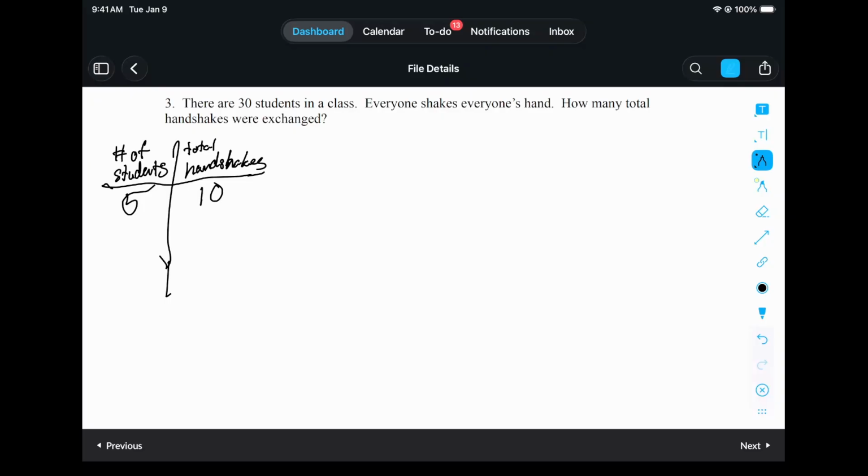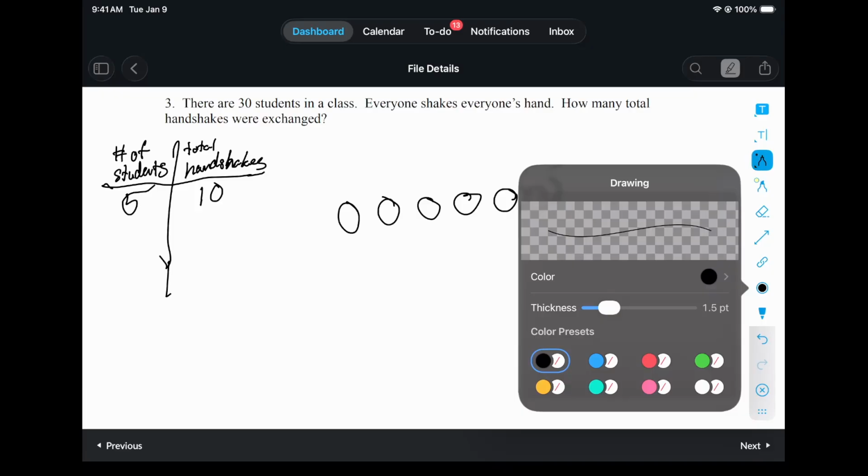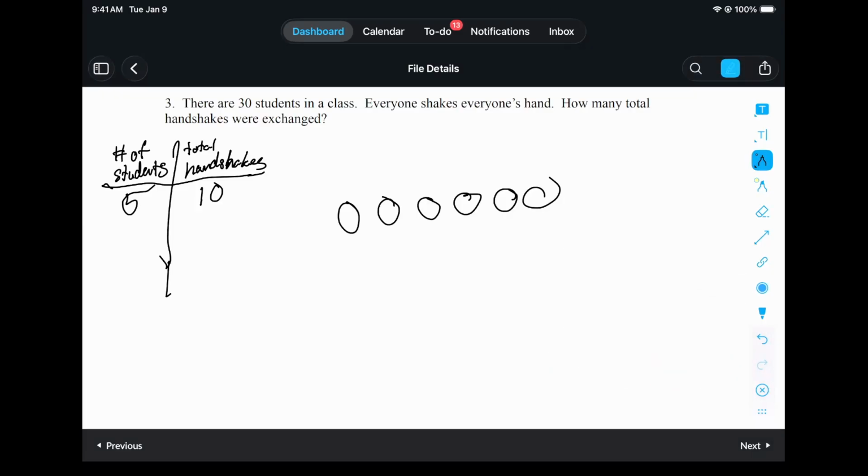If there's 6 students, I'm not drawing the full body, they're just heads now, I guess. If there's 6 students, what colors do I have? Let's see.